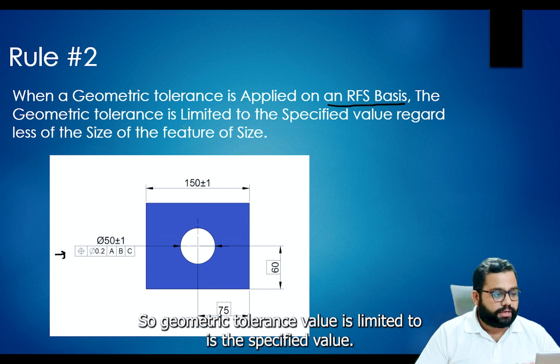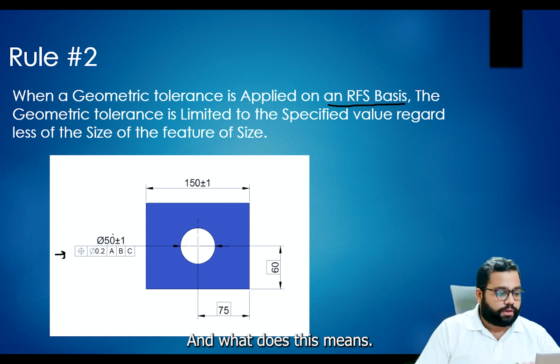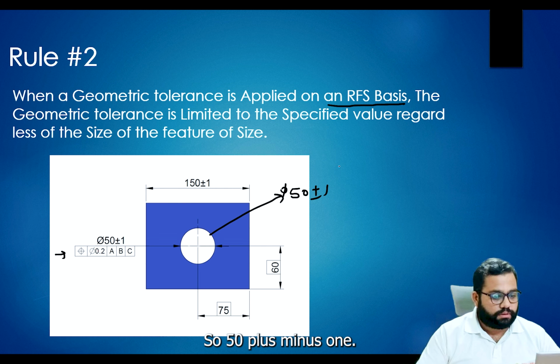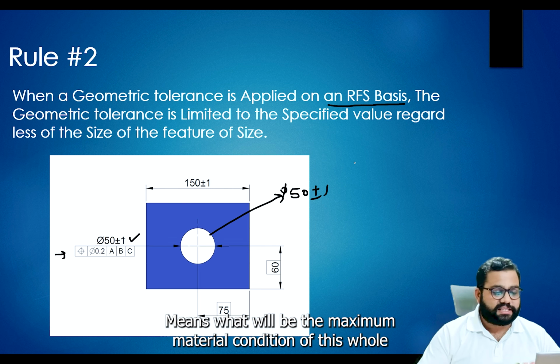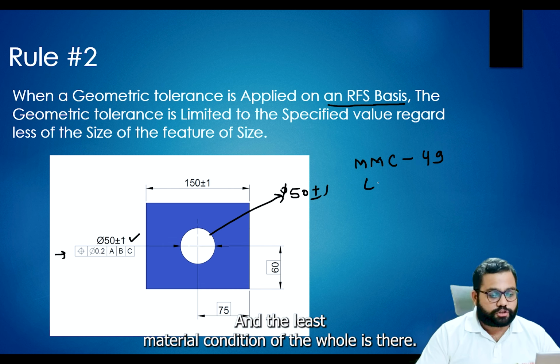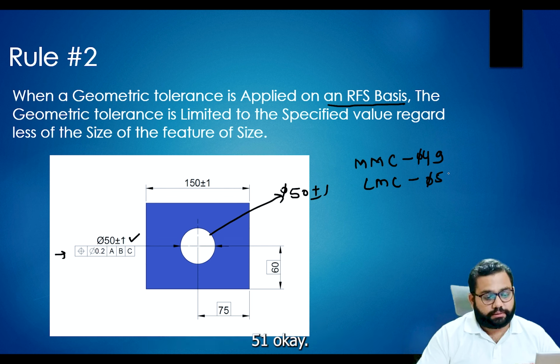What does this mean? Let's say the diameter of this hole is 50 plus minus 1. Then the maximum material condition of this hole will be 49, and the least material condition of the hole is diameter 51.